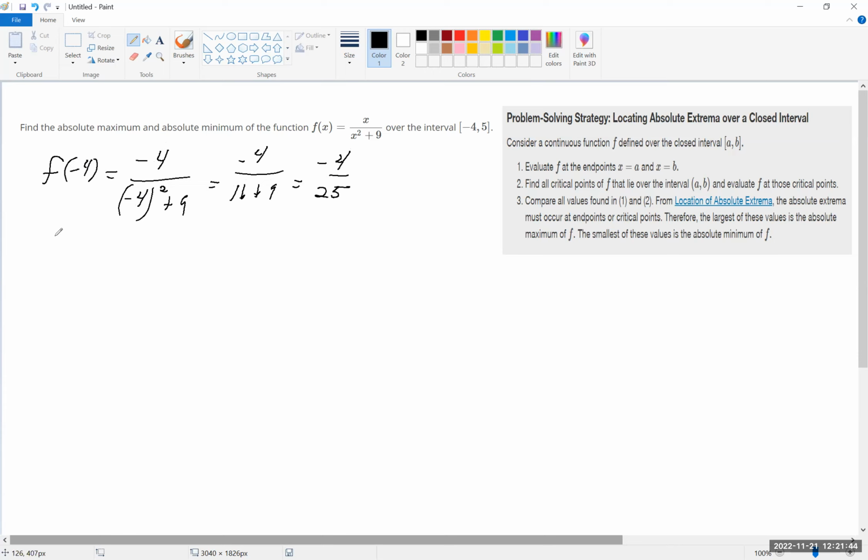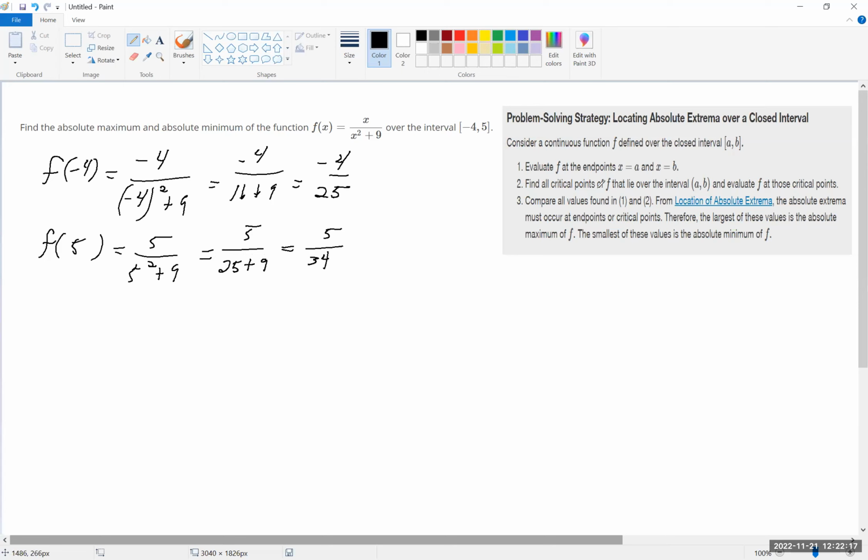Okay, then we evaluate f of 5. So that would be 5 over 5 squared plus 9, which is 5 over 25 plus 9. That's 5 over 34. Okay, and we can find the decimal equivalent if we need to later.